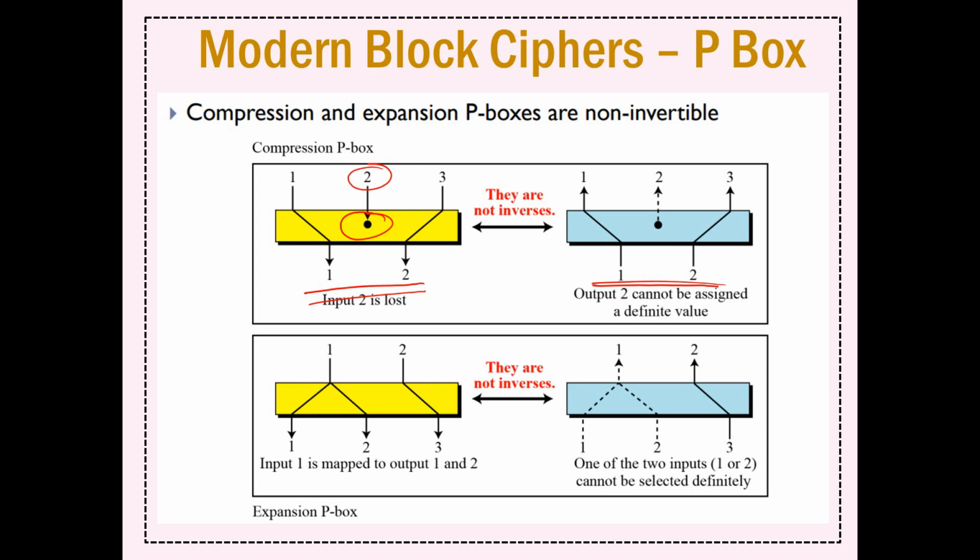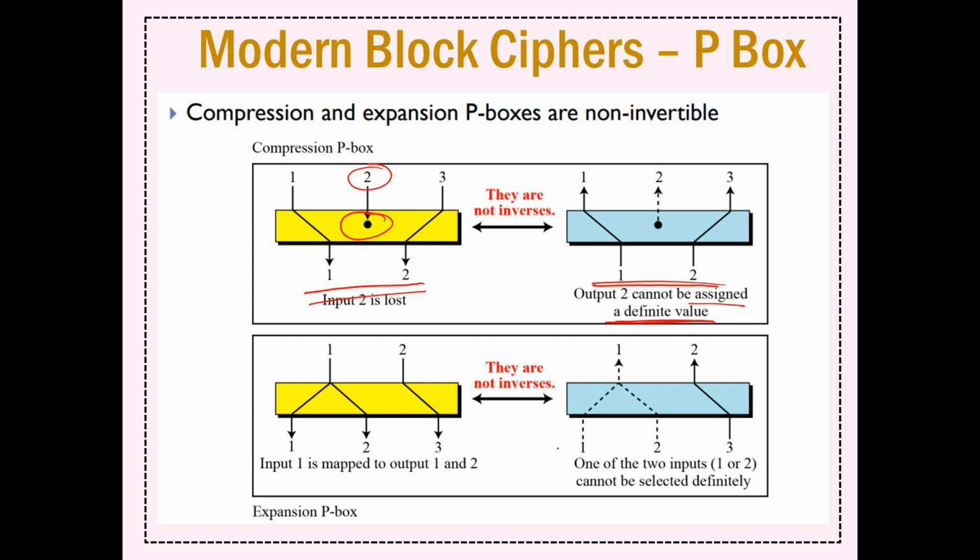That's basically the invertibility we are talking about. But as you can see, output 2 cannot be assigned to a definitive value, because the receiver might not know whether 1 is connected to 2, or 1 is connected to 3, or 3 is connected to 1, or whether 2 is getting blocked at all. Because compression happens in a one-directional way. It's only a single direction that it is going. So the opposite end doesn't work.